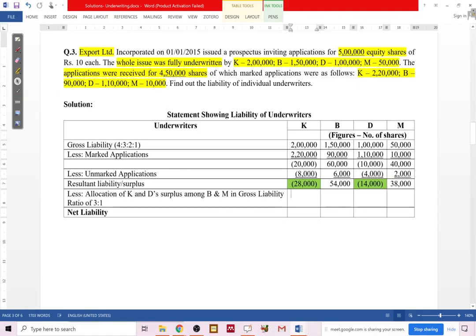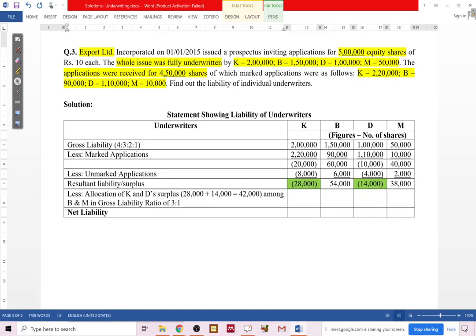Now, what is the surplus that you are going to distribute? Allocation of K and D surplus we are saying. K has 28,000 surplus, D has 14,000 surplus. The total surplus that we are supposed to distribute is 42,000.